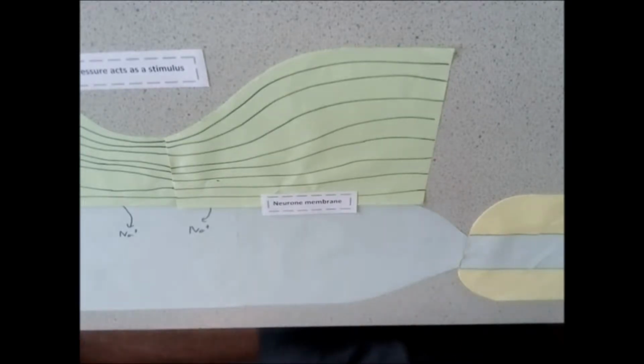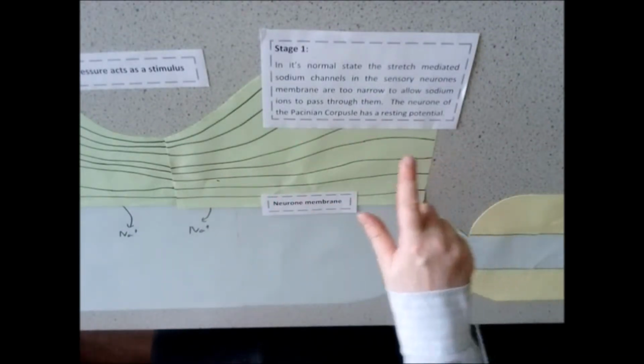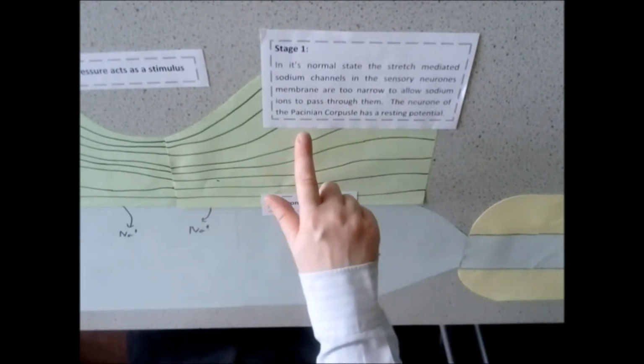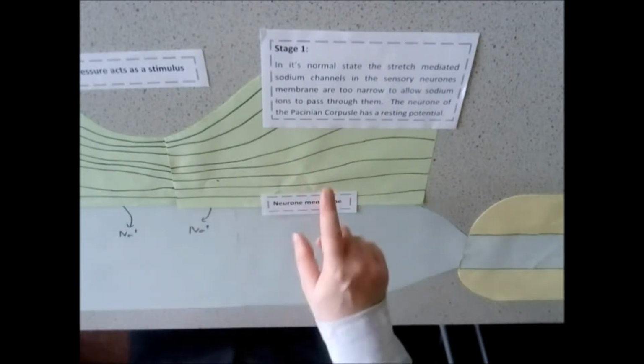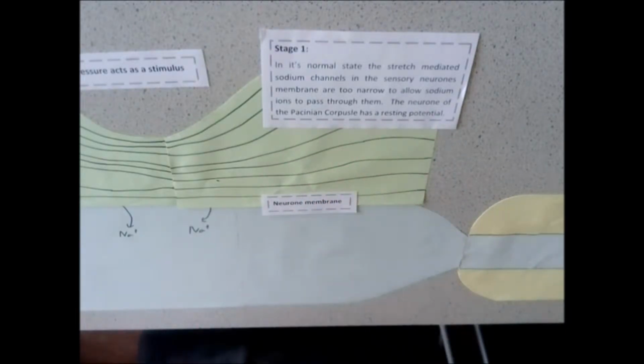So the first thing that happens is that in a normal state, the stretch-mediated sodium channels in the sensory neuron membrane are too narrow to allow sodium ions through. So the neuron in the central corpuscle has a resting potential. We always talk about nerve impulses being electrical signals.